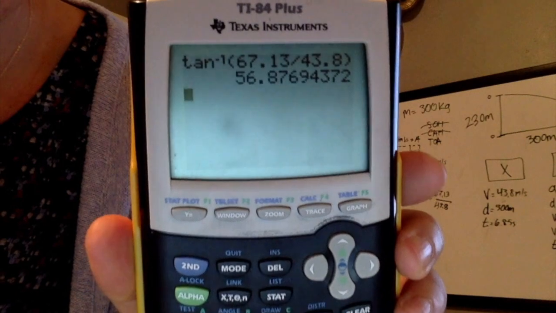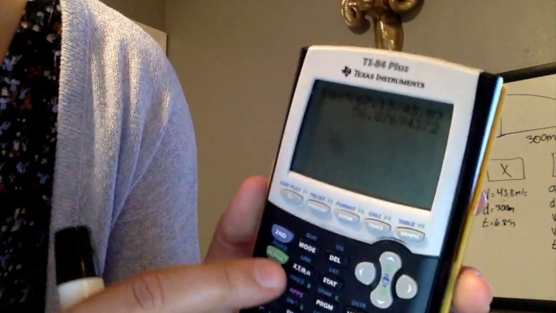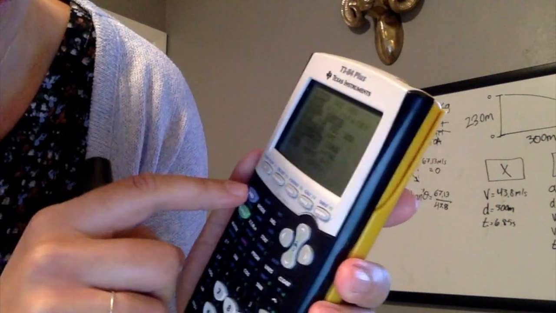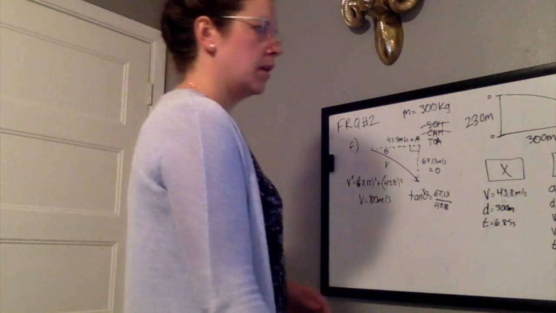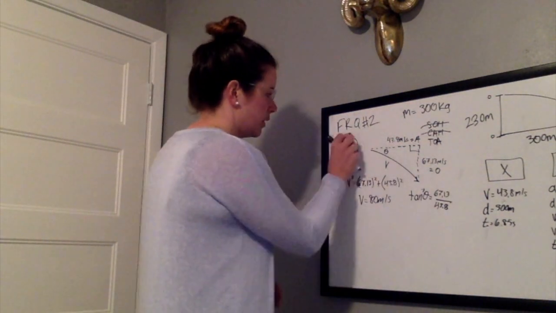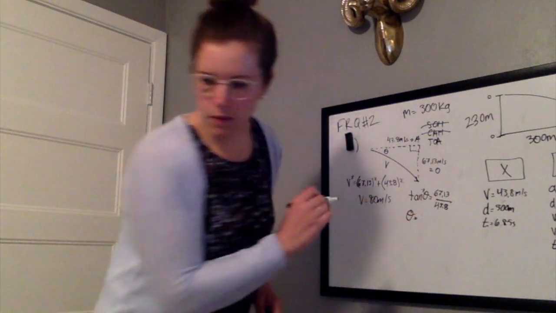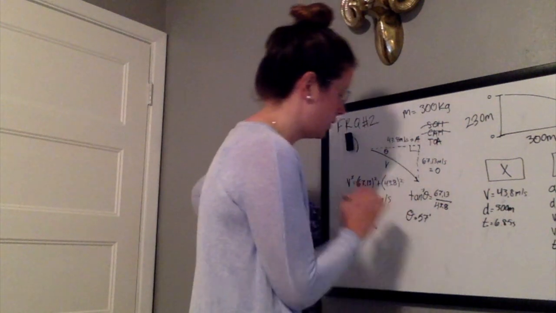If you're getting a different answer, a negative answer, make sure your calculator is in degrees, not radians. Remember to do that. You press mode, go down degrees to radians. Awesome. And that is it for part F. What did I say? 56 degrees? Yeah. Degrees. Cool.